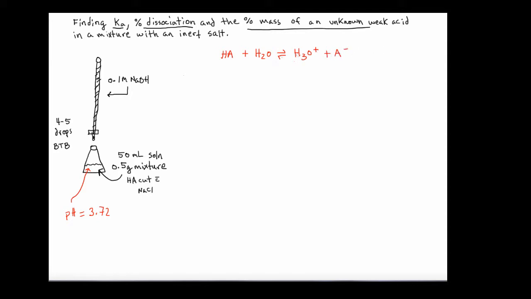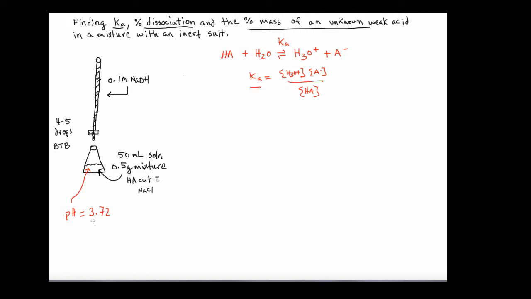The equilibrium expression for this, which is given by the Ka, is going to equal the concentration of H3O+ times the concentration of A- divided by the concentration of HA. And the Ka is one of the things that we need here.